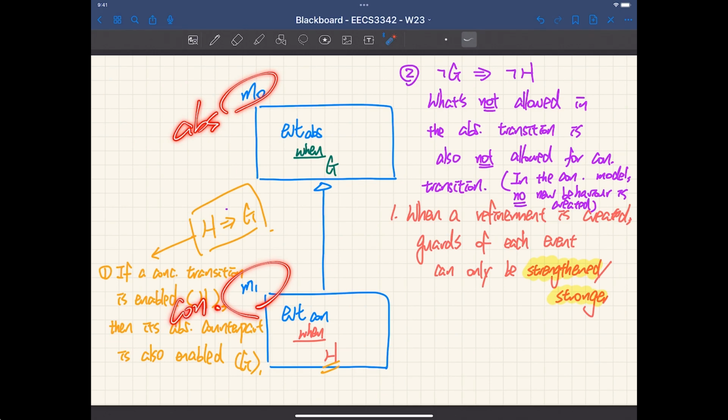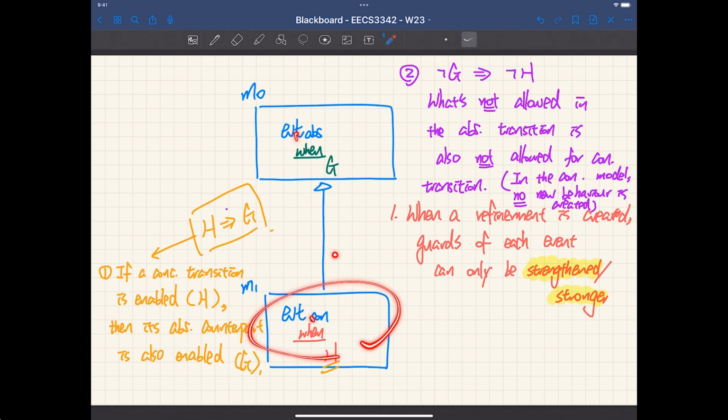And we have some refinement relationship between them. Of course, the concrete model refines the abstract model. And then for any events that already exist in the abstract model, somehow you're overriding it in the concrete model. And one rule is to say the guard over here called abstract guard and the guard over here called the concrete guard. There should be some implication relationship that should be satisfied over there.